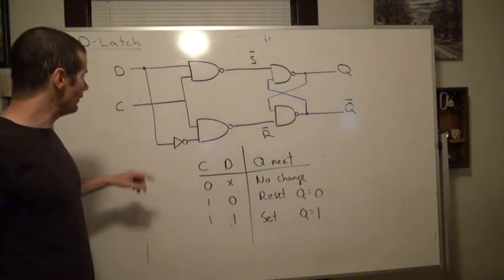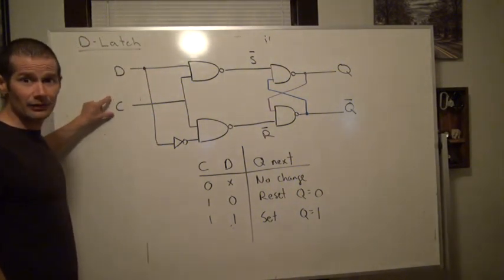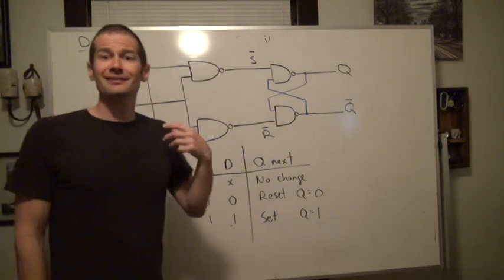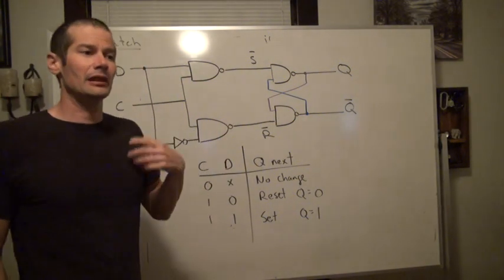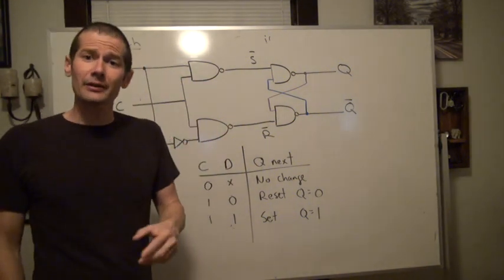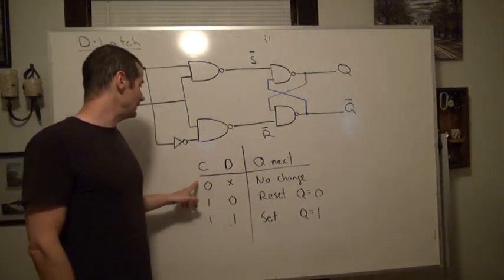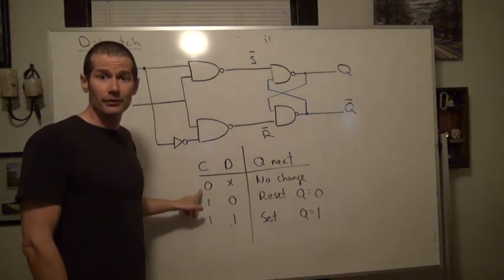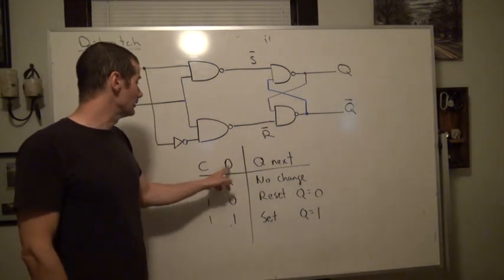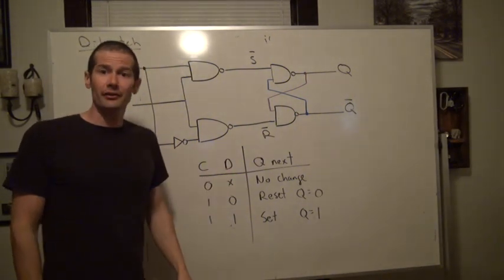So we have C right here. Now C, sometimes we can think of that as a clock to synchronize it if we want. But if C is 0, then it doesn't matter what D is.